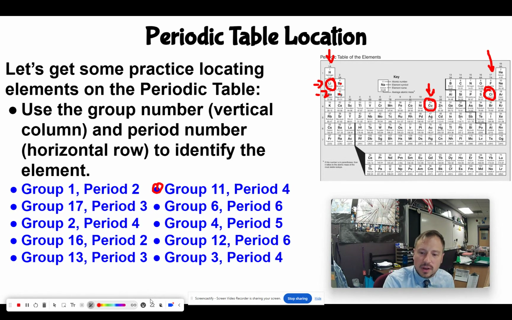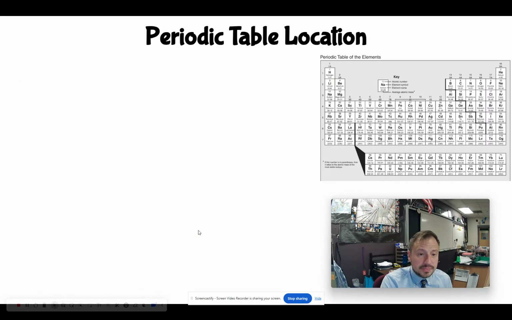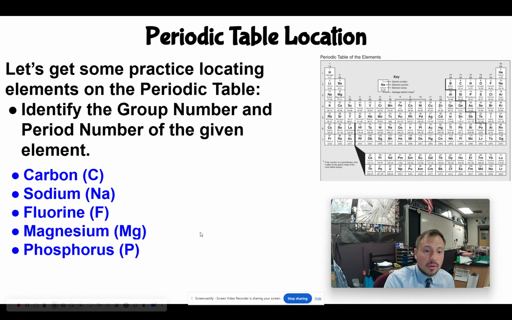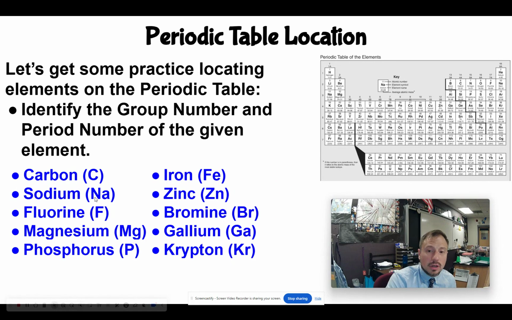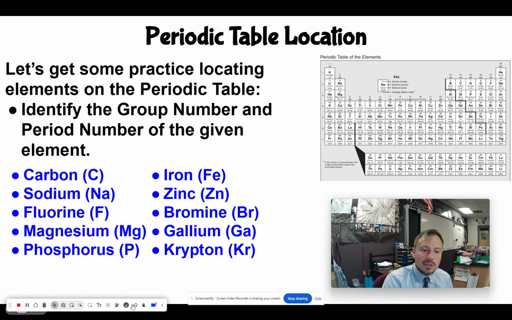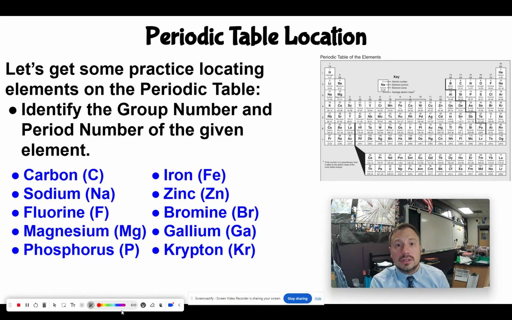Just get some practice finding those elements on the periodic table using the group and the period. Now you can also go the other way. You can look at the element and find the group and the period. This one's a little bit trickier, because you just have to find the element. The other one is easy, that's just a grid system. This one is actually finding the element.